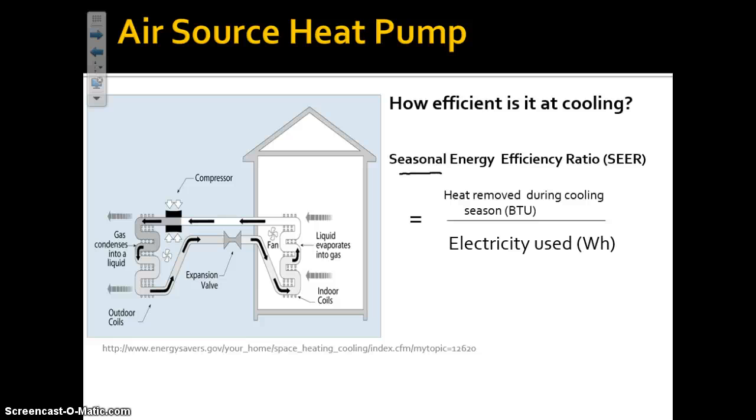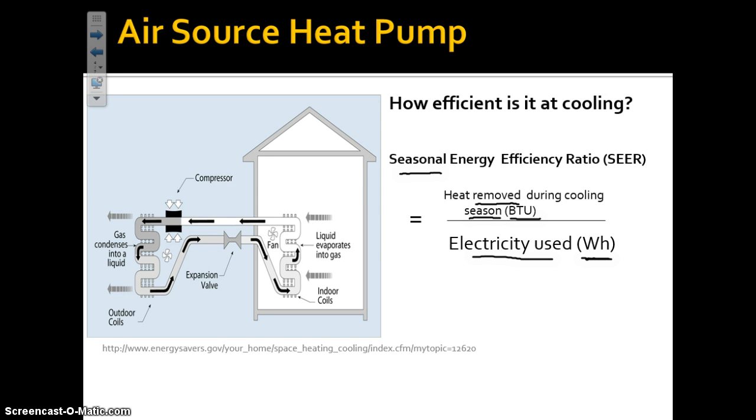It's seasonal, so it's throughout the entire season how much heat is removed, in BTUs. Remember, it's pulling heat from the building and dumping it outside in cooling mode. So how many BTUs of heat are removed during the season, and then you divide that by the electricity used throughout the season, and this is important, it's in watt hours, not kilowatt hours.